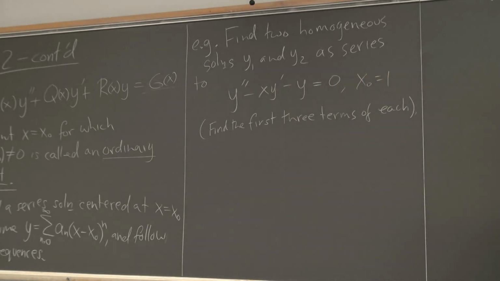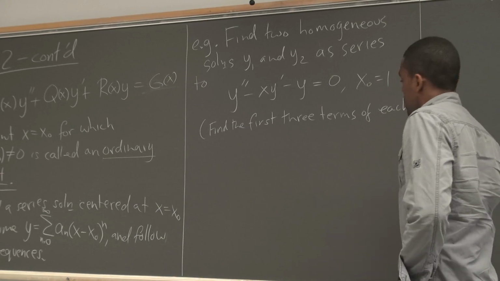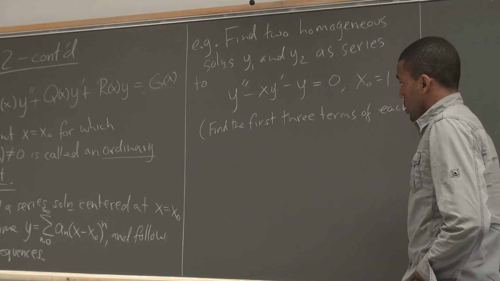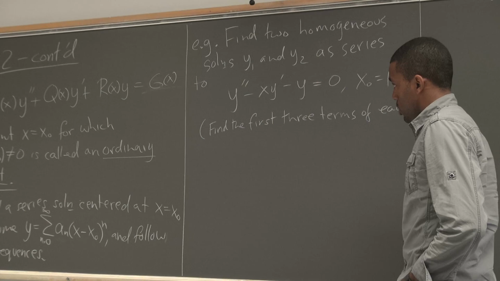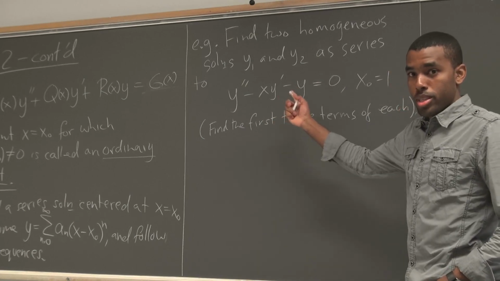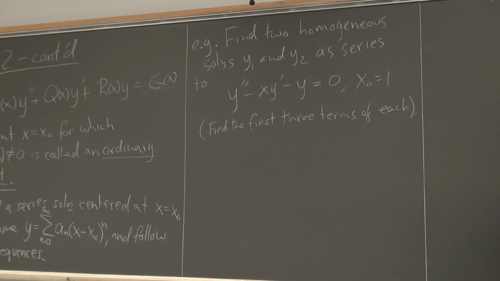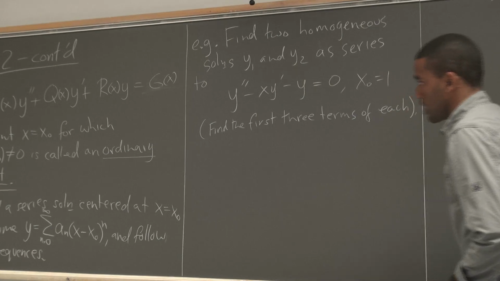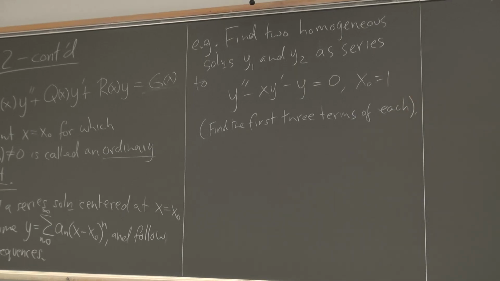Here I only require that you find the first 3 terms of the series. First thing is, I want you to appreciate that our technique so far does not allow us to solve this differential equation. We couldn't use y equals e to the rt or anything like that. It just wouldn't work.